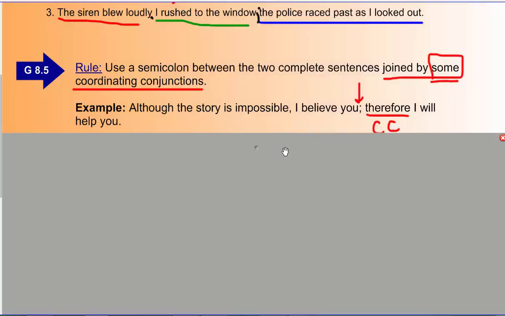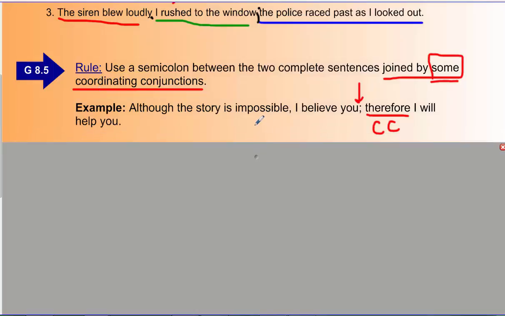A conjunction is just something that joins two sentences together, or words or phrases. Peanut butter and jelly, right? And is a conjunction. Coordinating just means it's putting two things together. There are things that belong together. So these two sentences belong together. They need a coordinating conjunction.